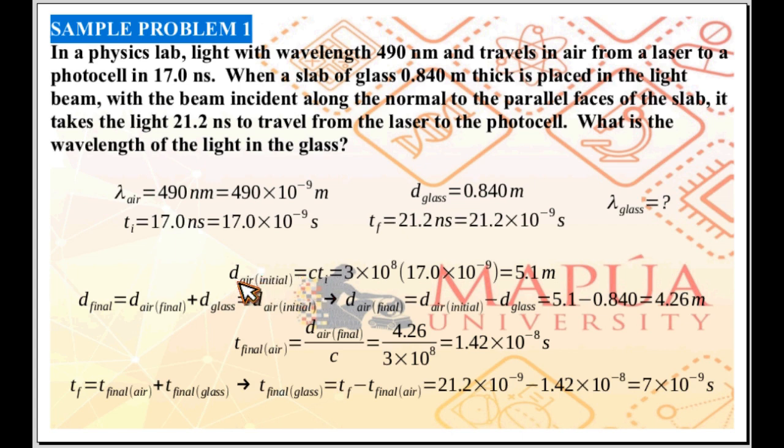Thus, we are able to calculate the distance traveled by the light beam. D air initial is equal to c times t initial. We know c, we know t. Thus, we are able to calculate D air initial to be 5.1 meters.